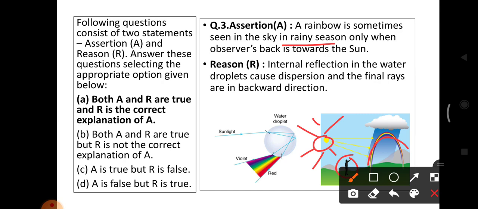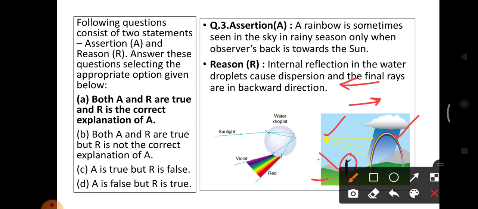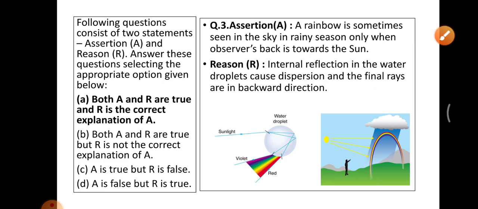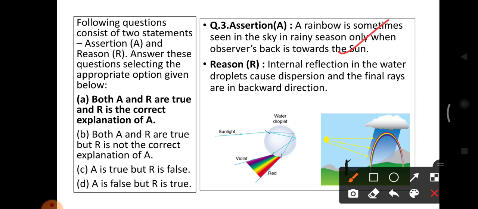Then only we can see the rainbow. If you are looking in this direction, we can see the rainbow. If you look in this direction, we can see only the sun. So the observer's back is always towards the sun, and the observer's front is always towards the rainbow. So this is correct.